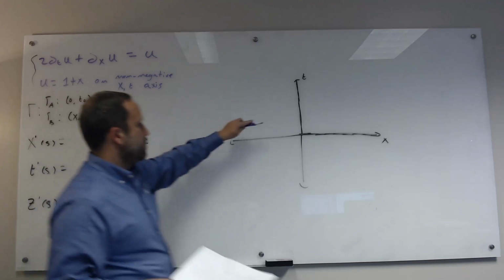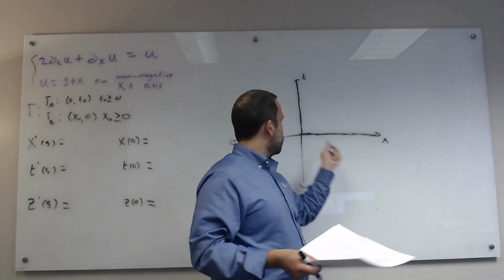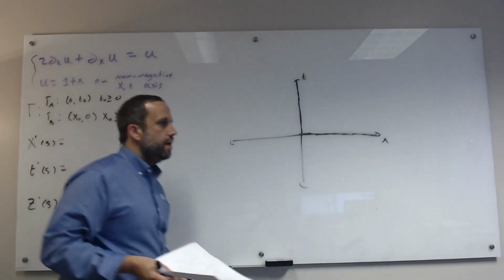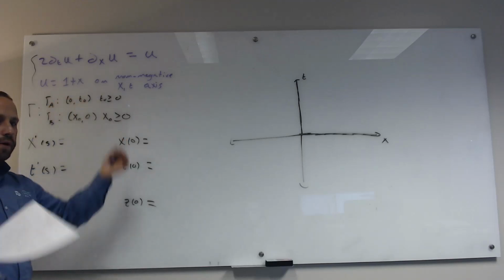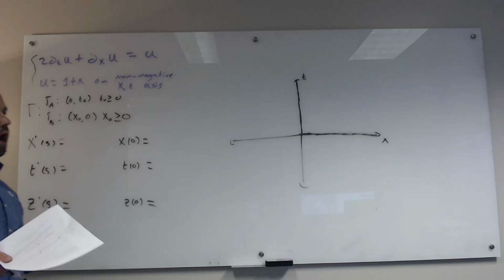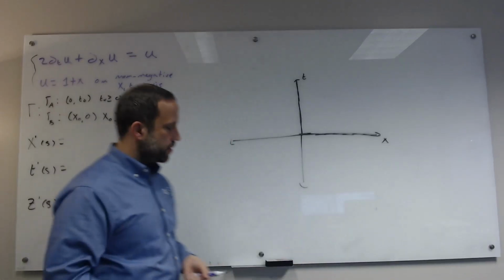But if it was 1 plus e to the t going this way and 1 plus x that way, then they would not be equal there at the origin. So for this to really make sense, we need to have this continuity condition there, which we do, because remember, our theorems require that the data on the curve be continuous.